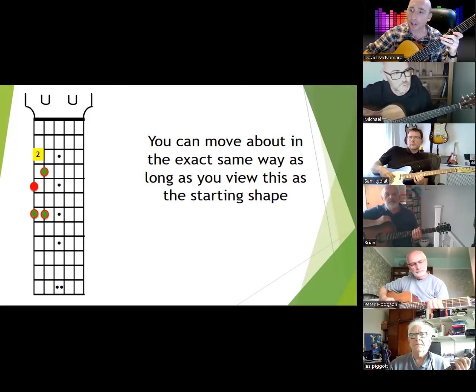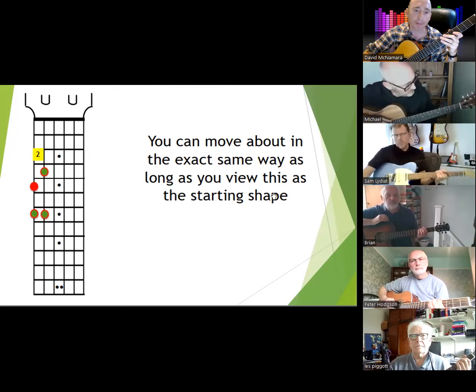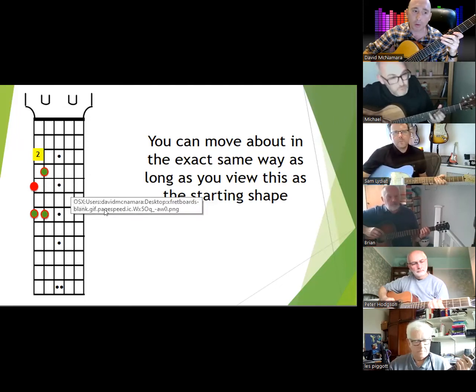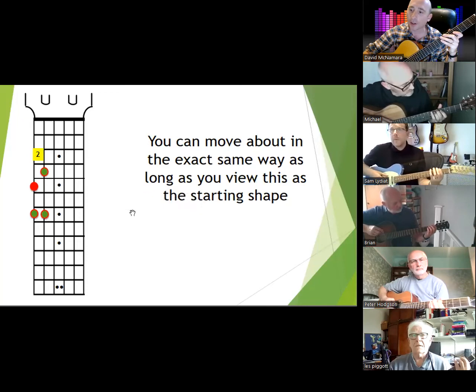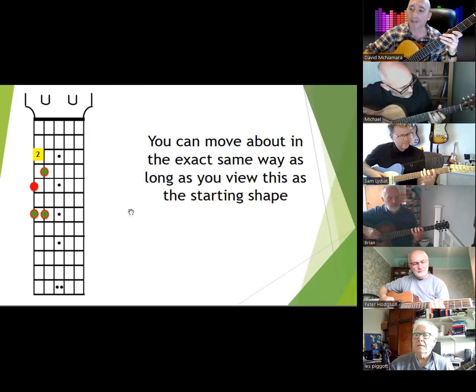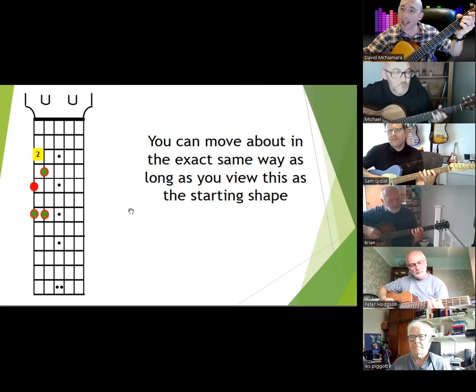Okay, so Sam, if you want to unmute, what major pentatonic is that starting on the 5th fret of the top string? Start with your 2nd finger. It's the 2nd shape. It's the A major. So if I strum an A major chord and you play that.